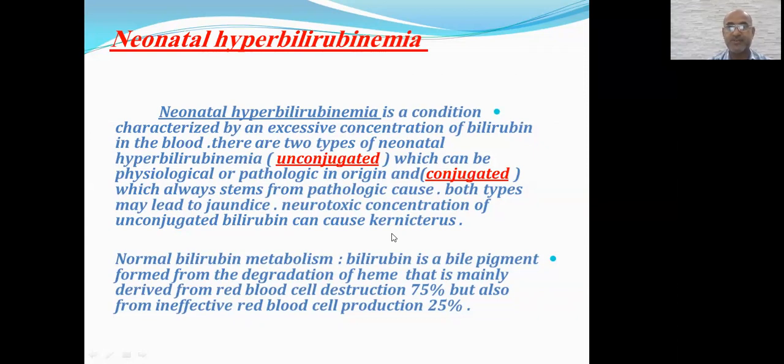So, neonatal jaundice is a condition characterized by excessive concentration of bilirubin in the blood. As you know, bilirubin is produced from the breakdown of the RBCs. Bilirubin is the net result of the RBC destruction.